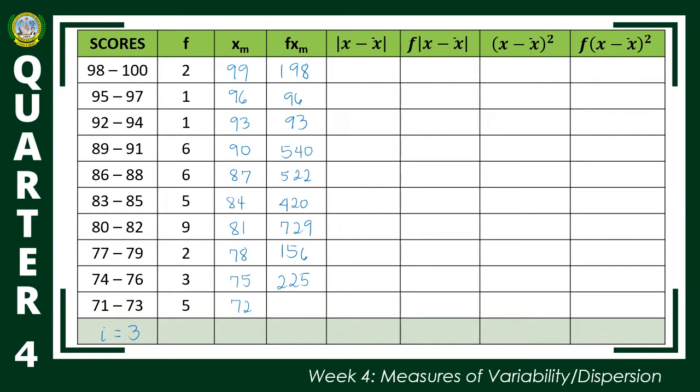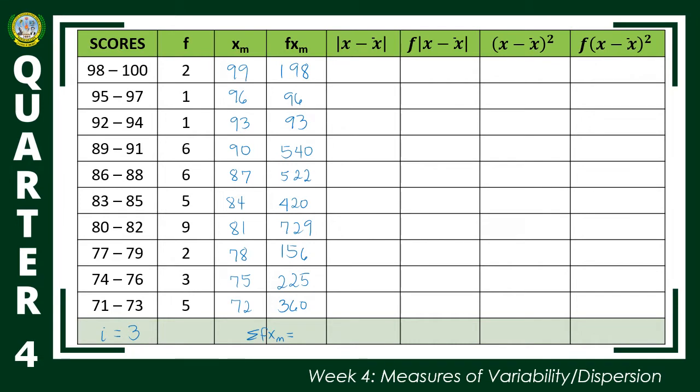And 5 times 72 is 360. Okay, so dahil kumpleto na yung values natin for f times x sub m, of course, pwede na natin siyang i-add. Kasi yun yung kailangan natin para ma-compute yung mean. So, i-add po natin summation of f times x sub m or class mark.